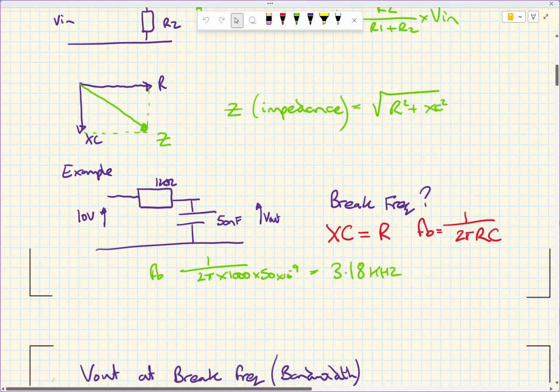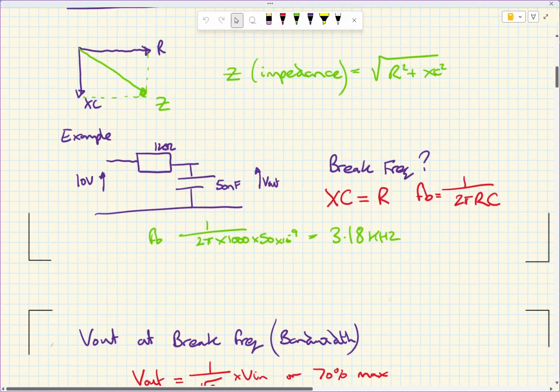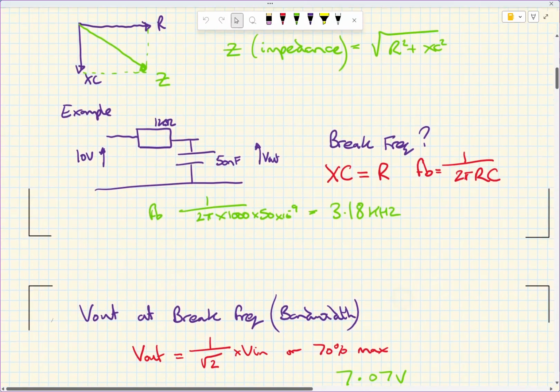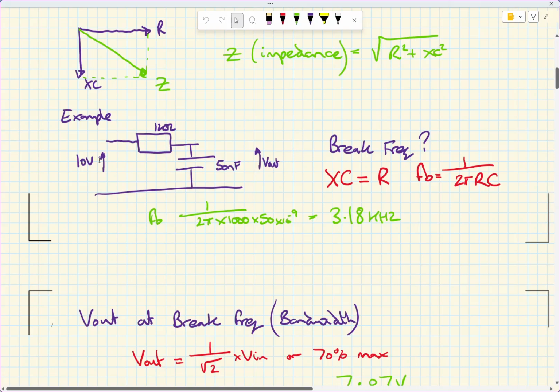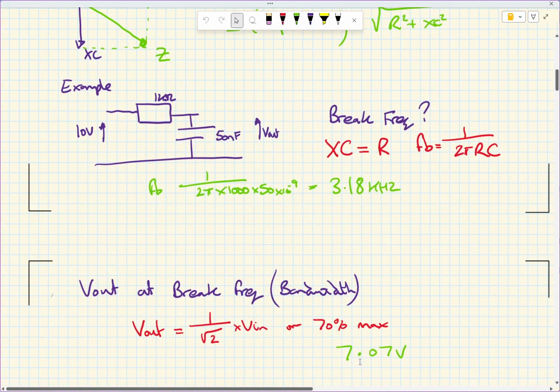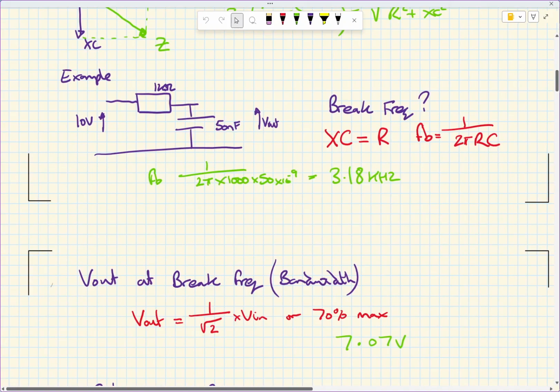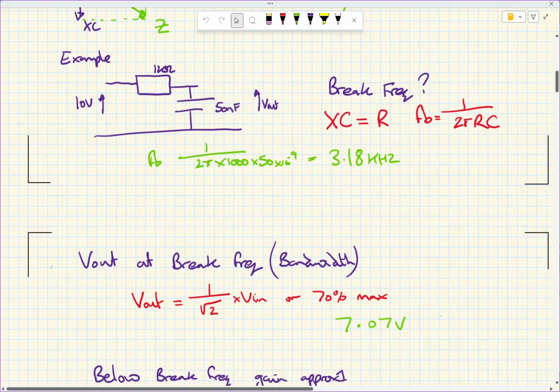So if we then look at what the bandwidth of our filter is going to be, if we've got 10 volts coming in, then at our break frequency we have 70% of that maximum, which is 7 volts approximately.